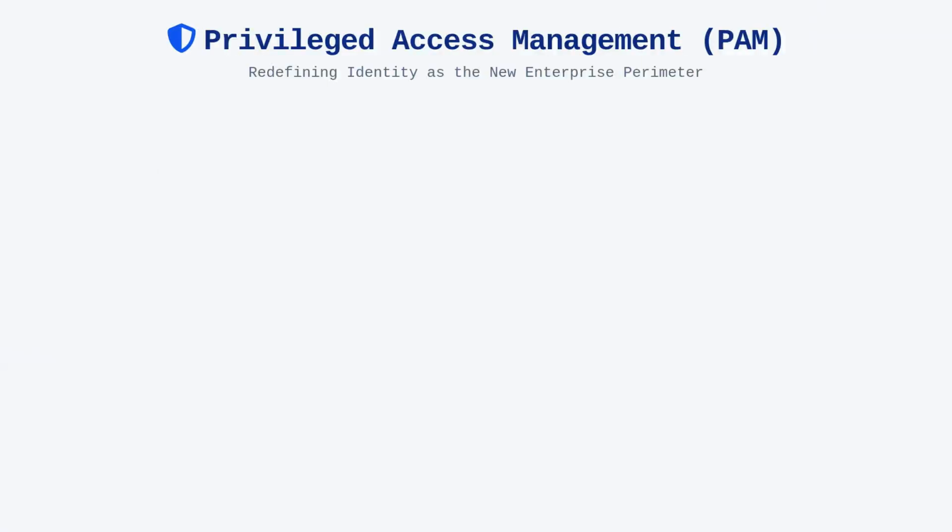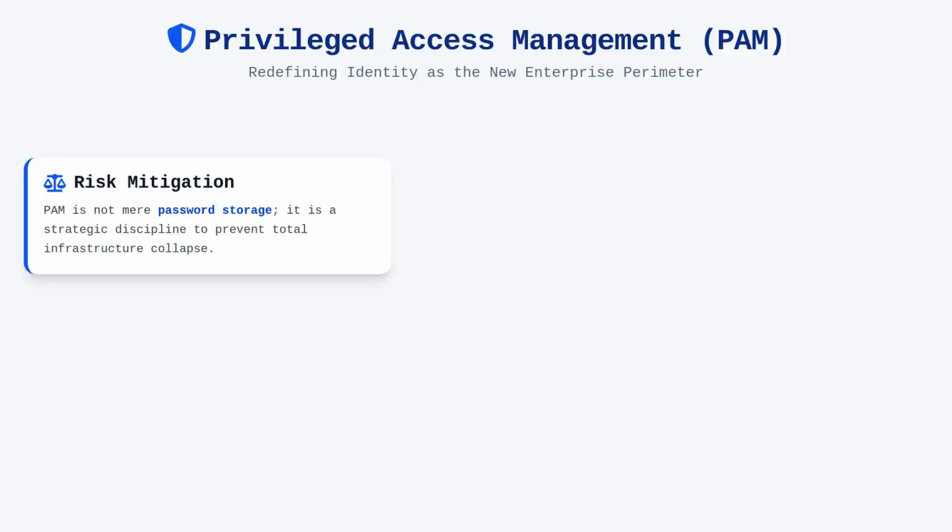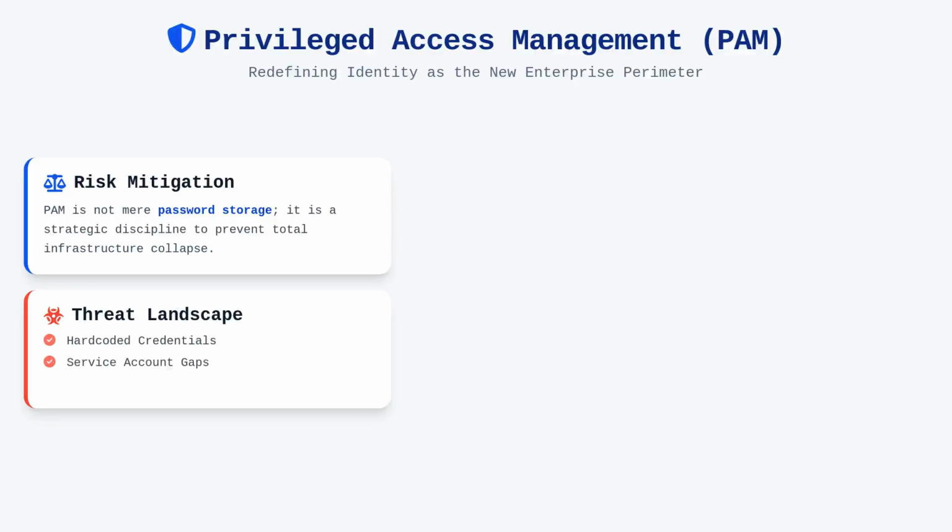Privileged access management is, at its core, a discipline of risk mitigation rather than mere password storage. We are dealing with identities that have the power to dismantle an entire infrastructure if compromised, which is why we must treat these accounts as the highest tier assets in the enterprise. The identity security landscape today is incredibly hostile, with automated threat vectors constantly scanning for hard-coded credentials, service account vulnerabilities, and latent administrative privileges.